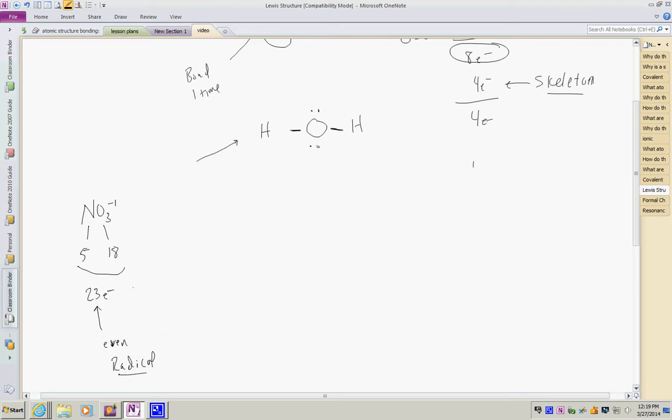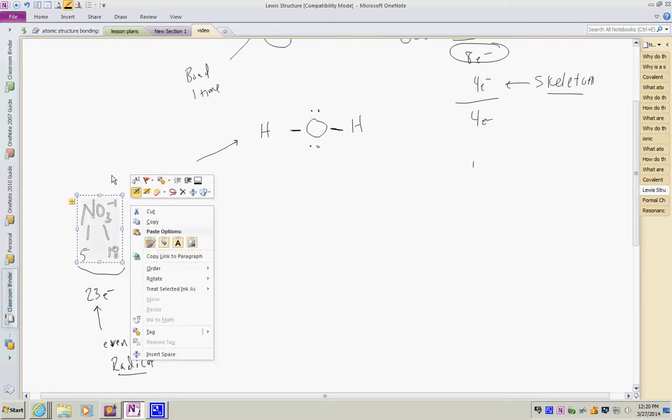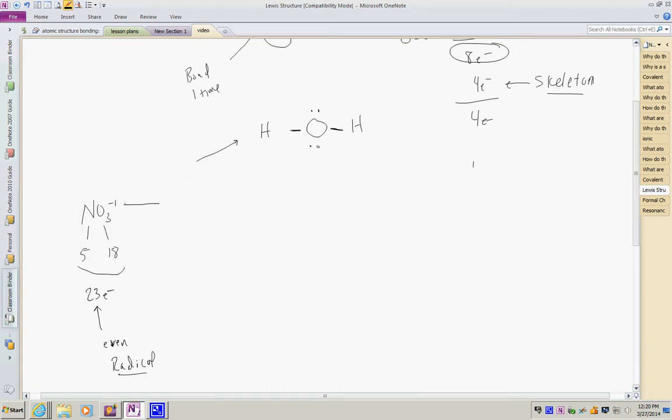So why is this not even? Well, we gained an electron here. So I need to add 1 more electron to form 24 electrons. It's a common mistake for someone to subtract an electron off, but that's not what we did. We have a negative charge, which means we gain an electron.